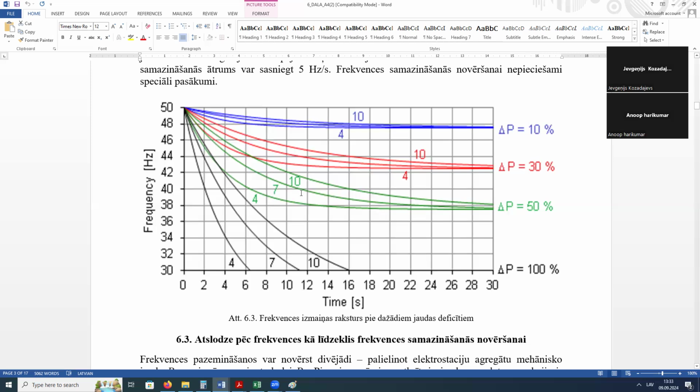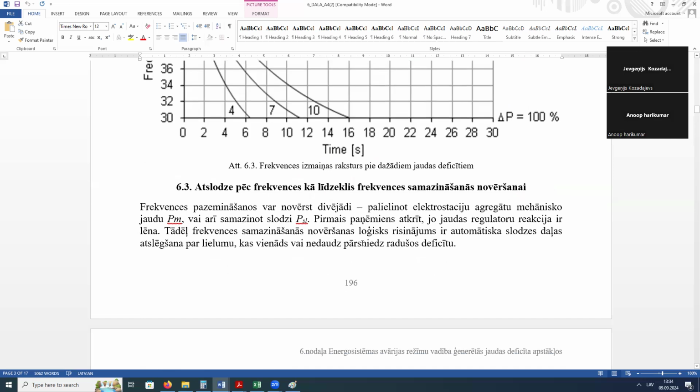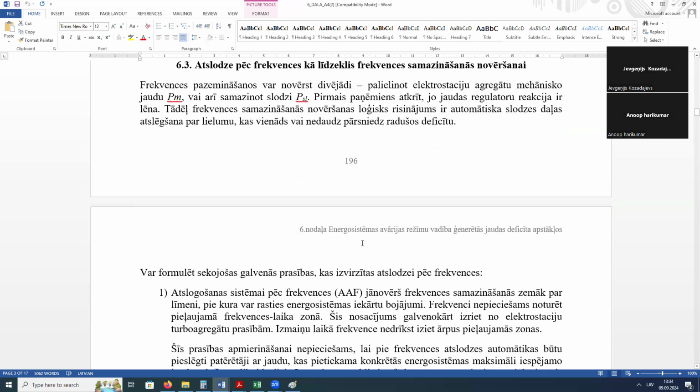Of course, on this figure we can see the reaction of regulation, the increase of frequency or the decrease of the drop, depending on the shortage. But the main idea is that if we don't have enough power, the only way to save the system is to use this under-frequency automation to disconnect the load.